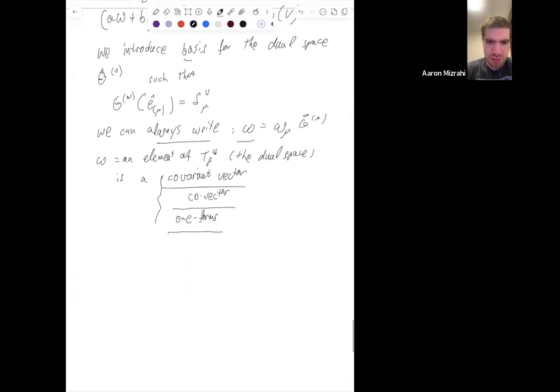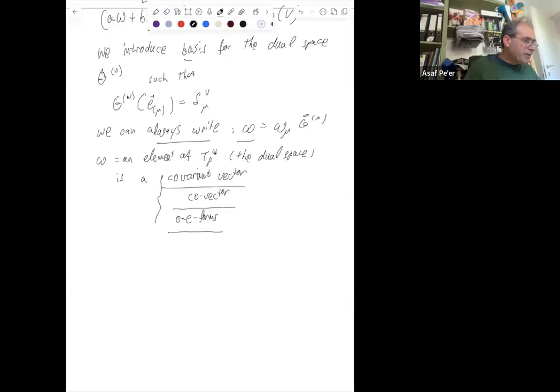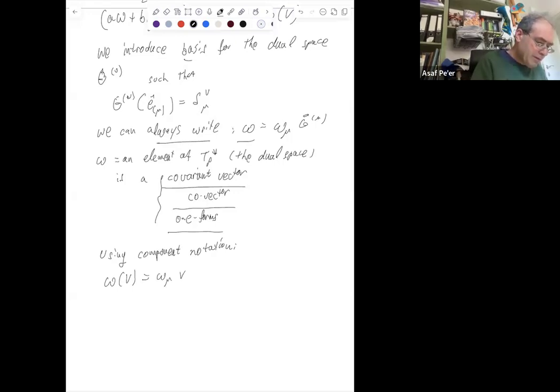Because we have these components, there is a very simple way of writing the action of a dual vector on a vector, using component notation. This may already help you see things. If omega is operating on V, I can write omega as omega_mu theta^mu, so I have omega_mu V^nu theta^mu operating on e_nu. Omega_mu and V^nu are components, so these are just numbers.